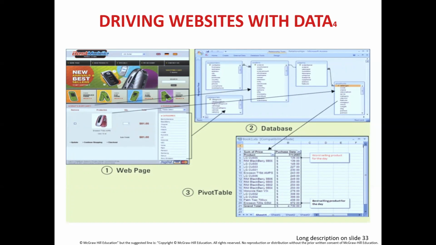The figure displays how running queries or using analytical tools such as pivot tables on the database that is attached to the website can offer insight into the business, such as items browsed, frequent requests, items bought together, etc.